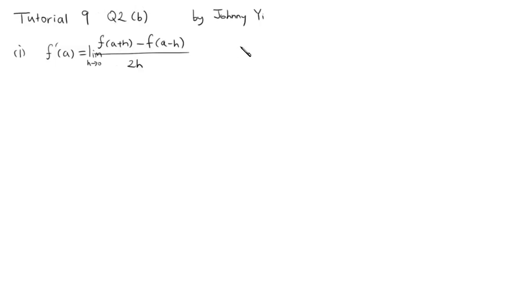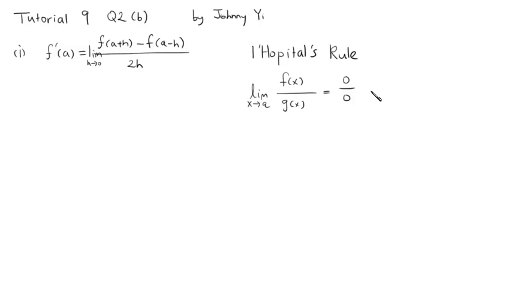Okay, so that's spelled L-H-O, L'Hopital's rule. So L'Hopital's rule says, sorry, there was some dust on my screen, whenever you have the limit as x approaches a, and if f of x over g of x approaches either 0 over 0 or infinity over infinity, that's actually an indeterminate state at the moment.